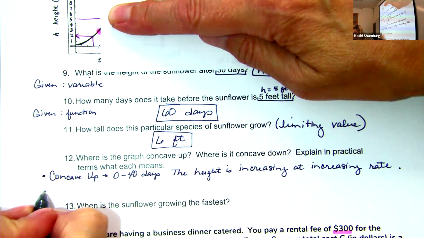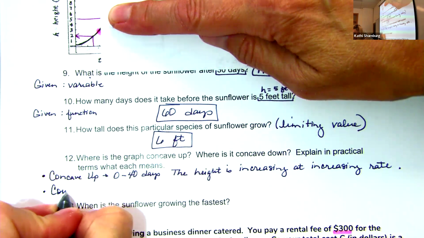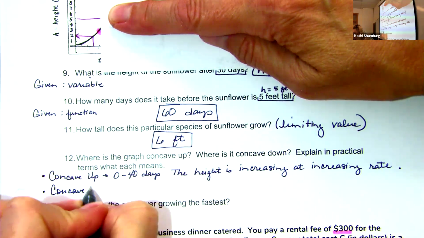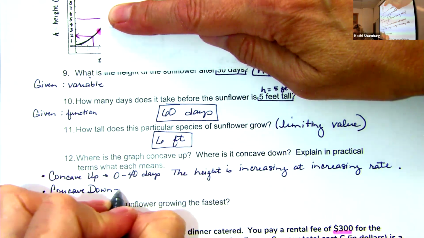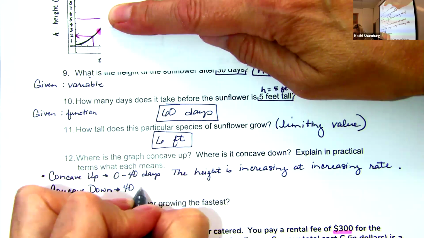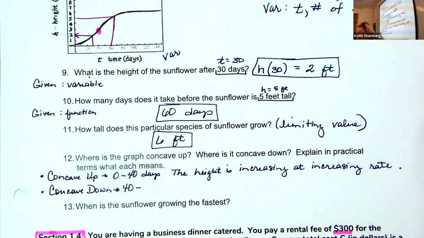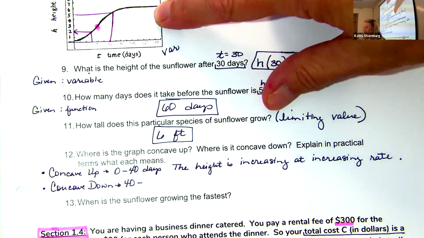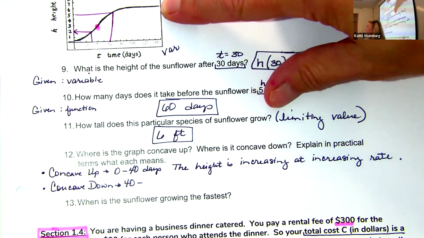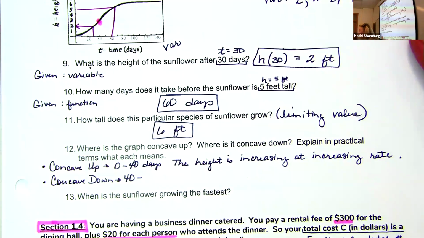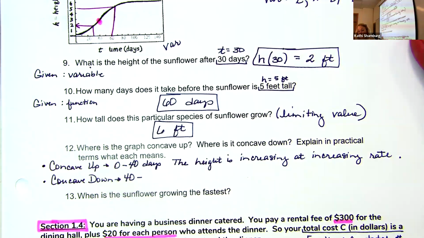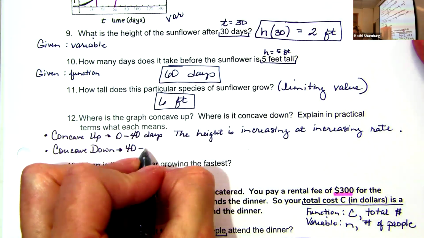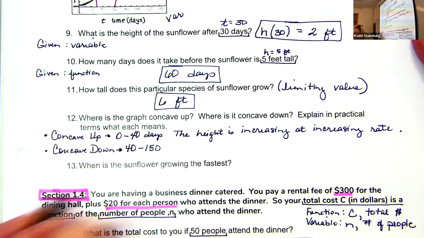All right, so then we know it switches to concave down. And that's going to pick up at that 40 days and go till when? Yeah, if you gave me 140, that'd be fine, but I'm with you. It looks like that stops at 150. So if you said 140 or 150, just because 140 is the last number, I'd have leeway with that.